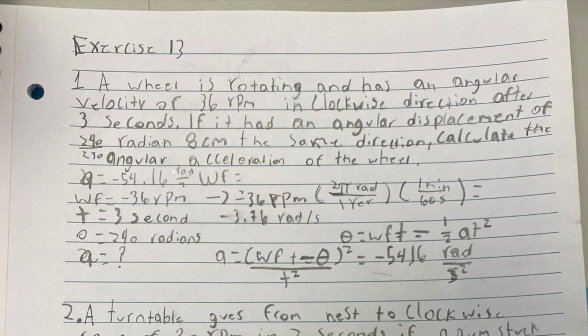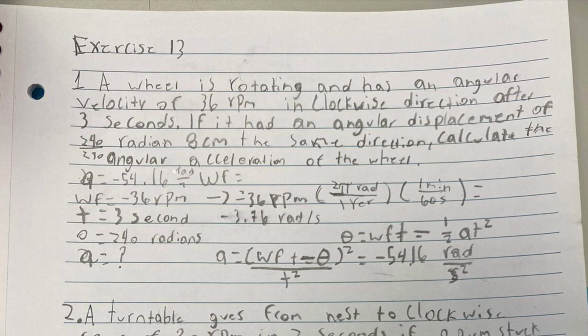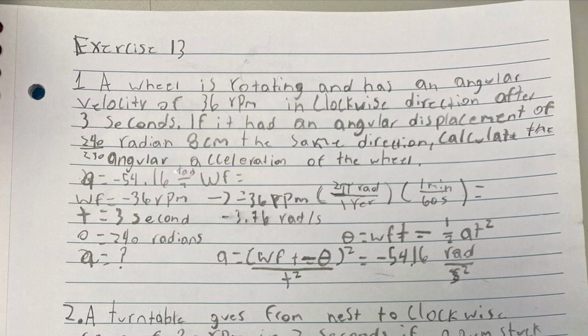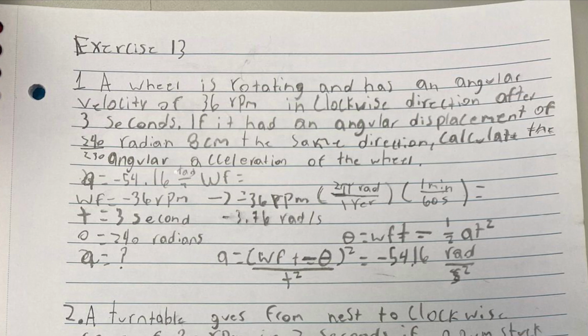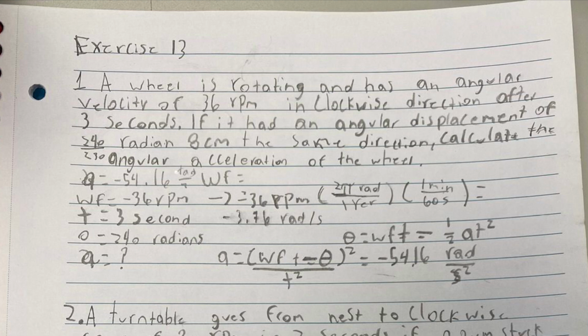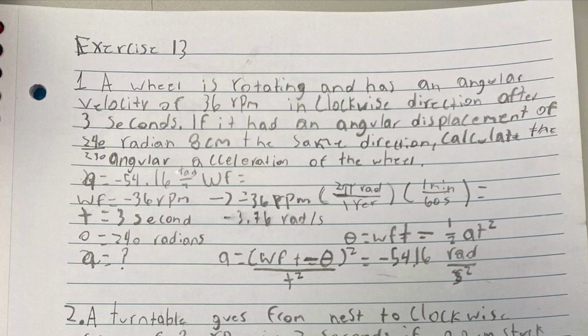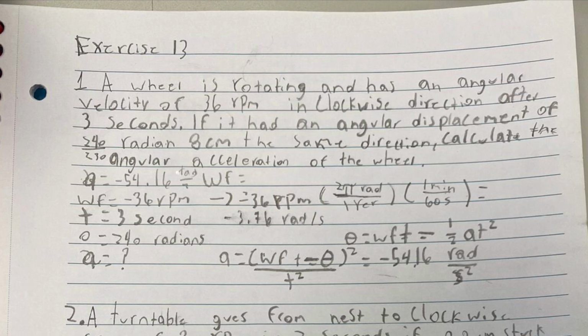We have the final velocity, which is minus 36 revolutions per minute. This is because it goes clockwise, so it's a negative quantity. The time is 3 seconds and the angular displacement is 240 radians.